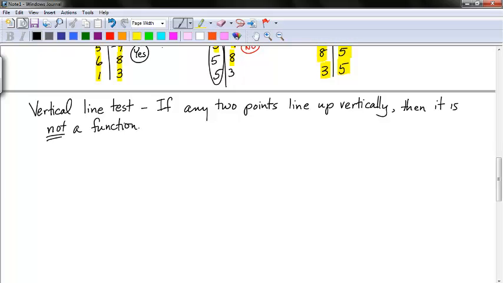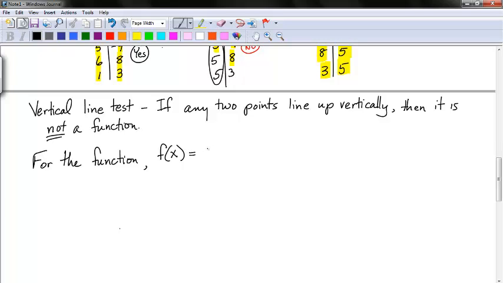So they also get into a little bit of the function notation. They can use f of x, g of x, h of x. Usually they'll use f of x.